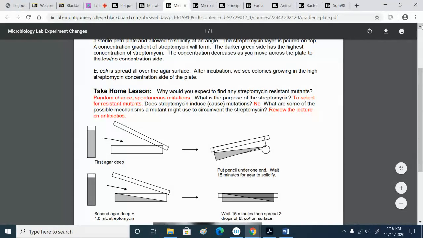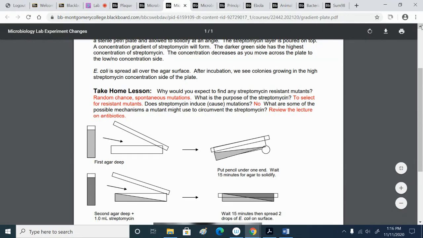So how do bacteria resist antibiotics? Oh, they can destroy the drugs with enzymes.